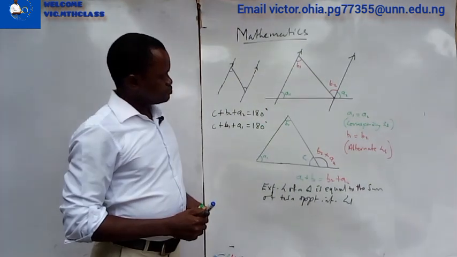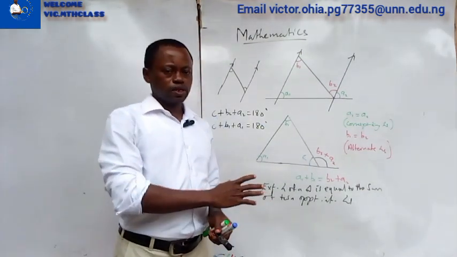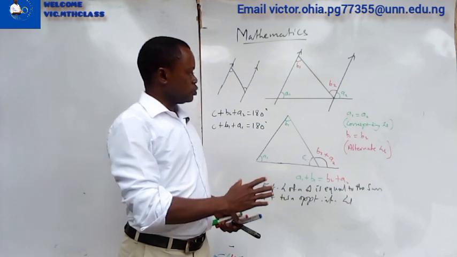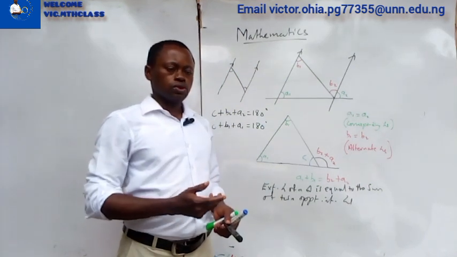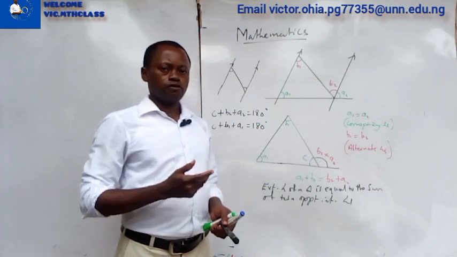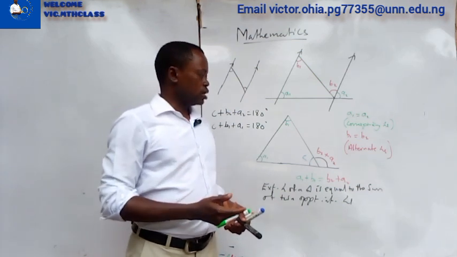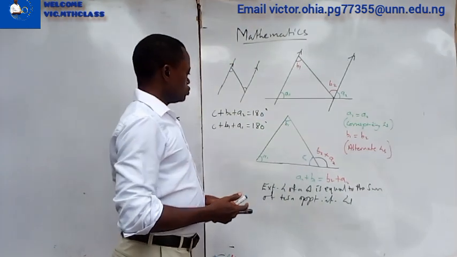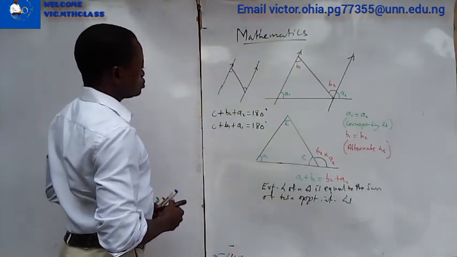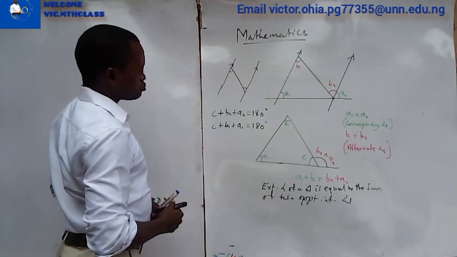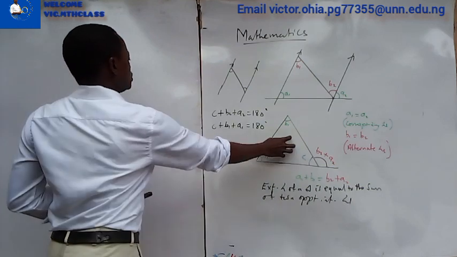So, what else? Please, with this little explanation and breakdown, we are going to go into the understanding of polygons. We'll be solving problems around polygons, and it is important you follow us. When we talk about polygons, we are talking about shapes that have a number of sides, like this.